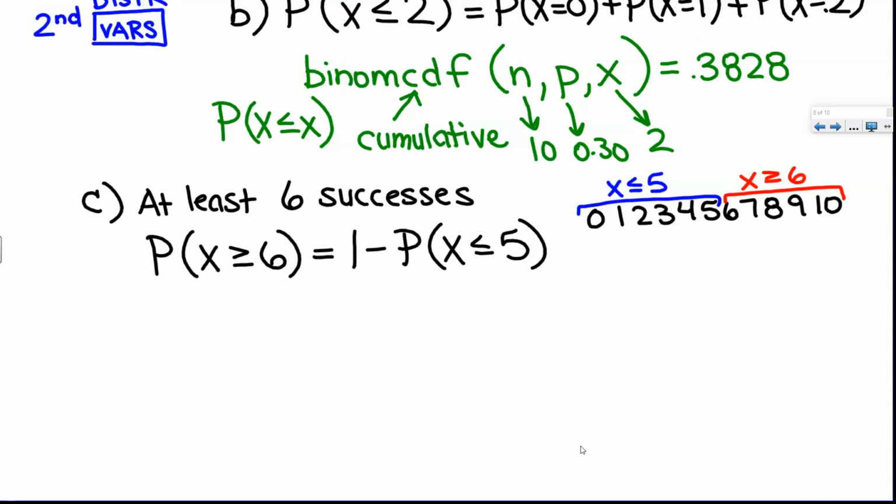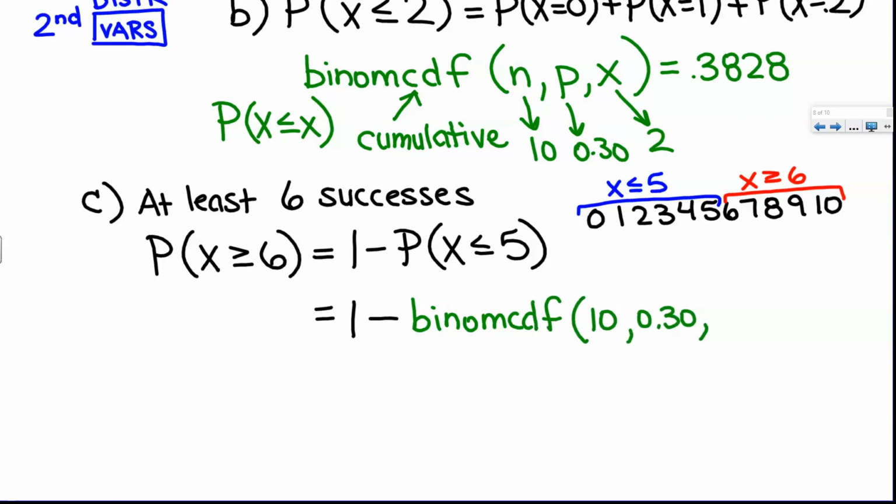So we want to get everything in terms of either the PDF or the CDF, and sometimes that involves using complements as well. So we'll do 1 minus the binomial CDF of 10, 0.3, and 5. You could put it all in there at once, or you could find the CDF and then subtract from 1.